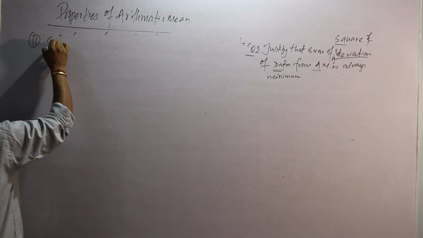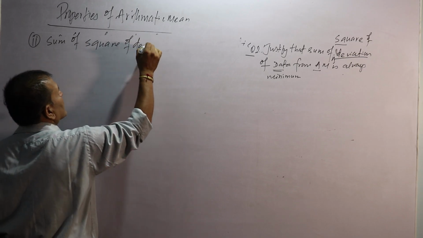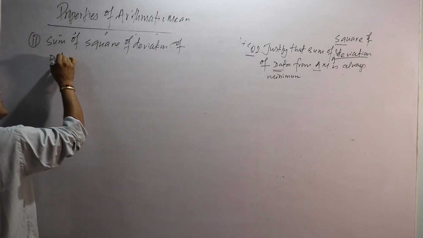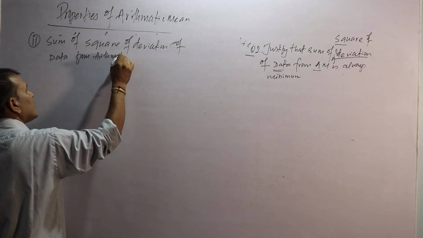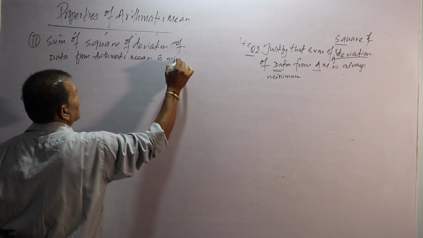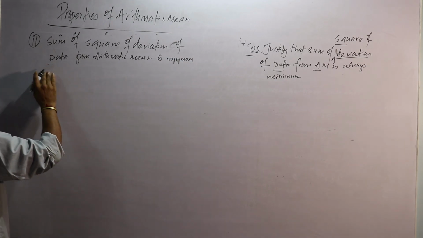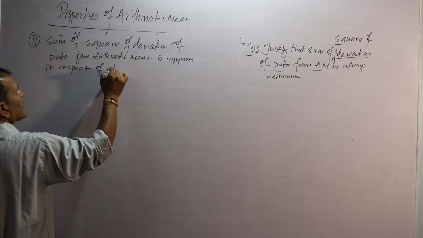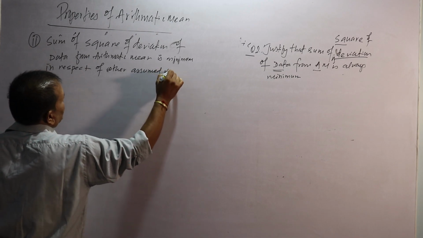Feature number 2: the sum of squares of deviation of data from arithmetic mean is minimum in respect of other assumed mean, assumed values.